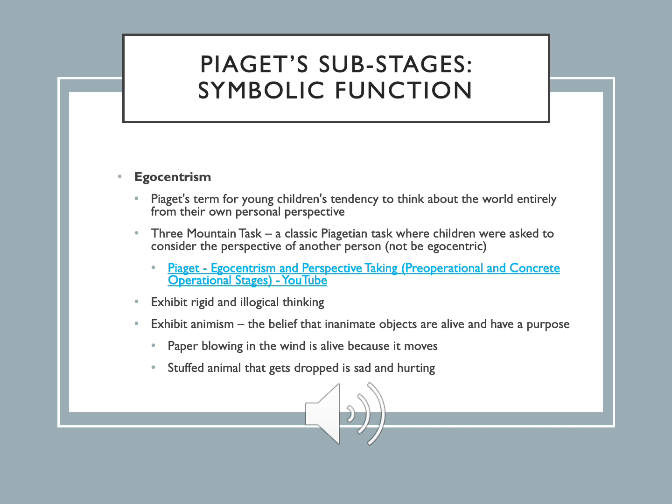If there is a problem that needs to be solved and maybe somebody's feelings were hurt, a child who is still in this stage of pre-operational development is going to have a more difficult time recognizing the perspective of another and how someone might feel, versus once we get into our concrete operational stage of development. And so some factors of how children's thinking may be driven during this time period is rigid and illogical thinking.